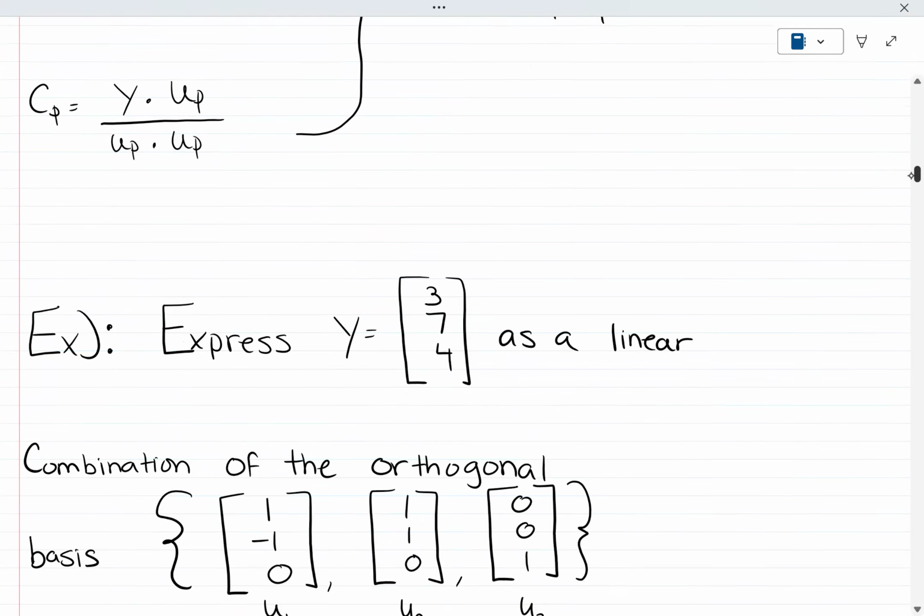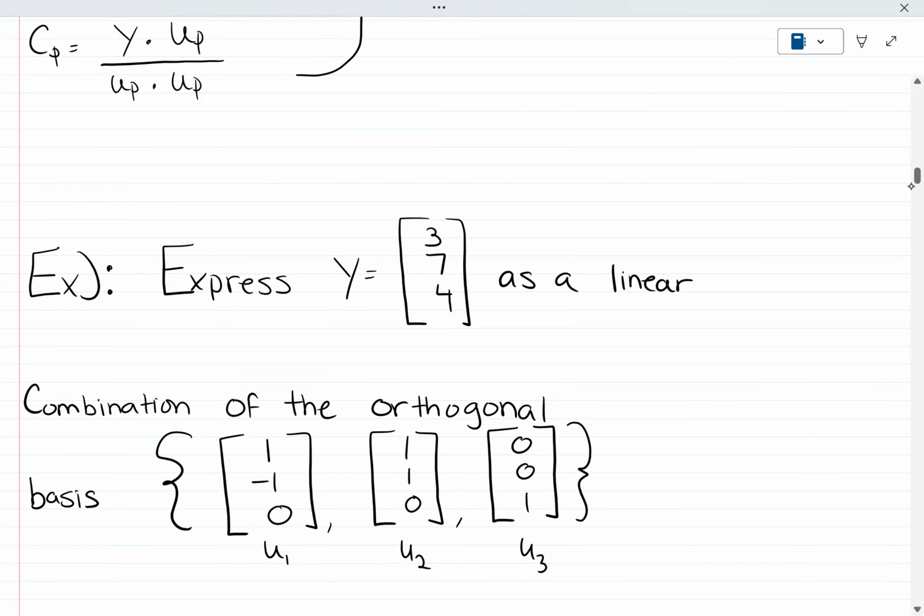So how do we do this one? First we're going to find c1, c2, and c3. Here, go ahead and write these down: my vector u1, my vector u2, and my vector u3, and then y equals (3, 7, 4).